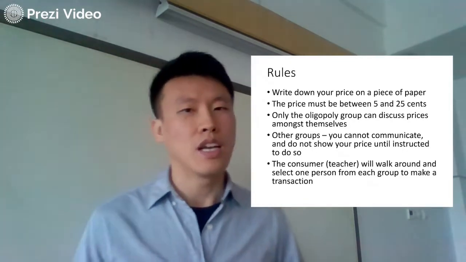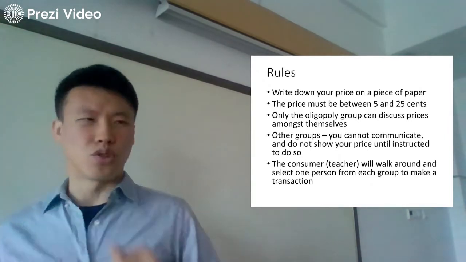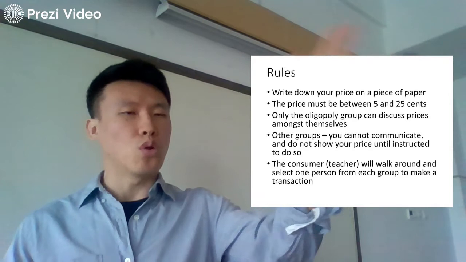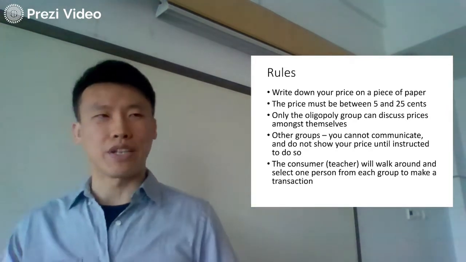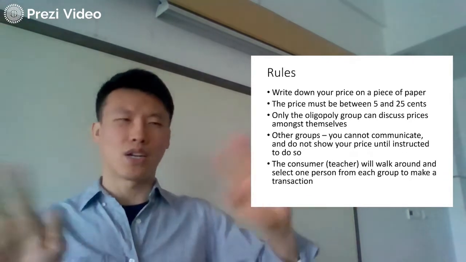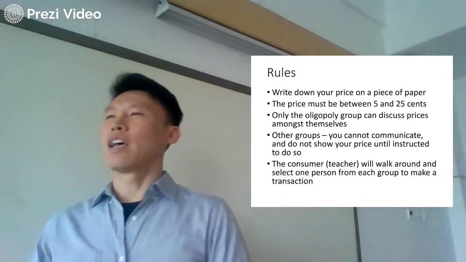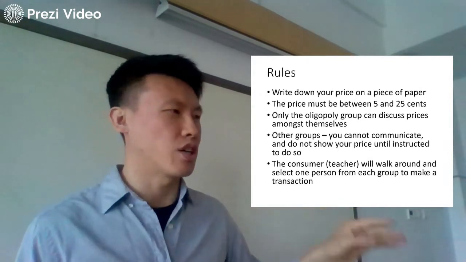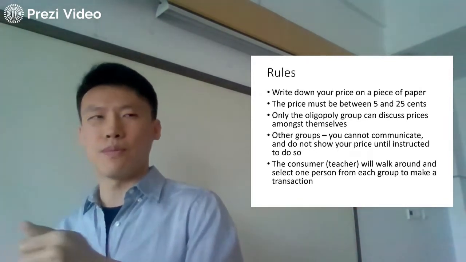All right, and here is another rule. Only the oligopoly group, only you can discuss your prices with each other. Okay, how you communicate, that's up to you. I'm not going to say anything. All right, everyone else, you must keep your price to yourself. Do not share your price with anyone, okay?